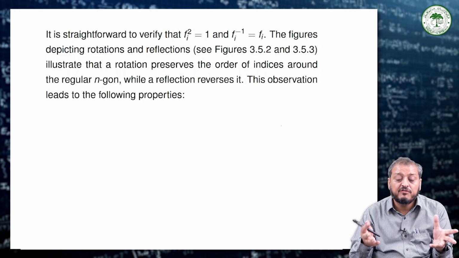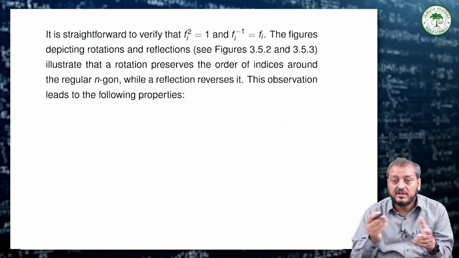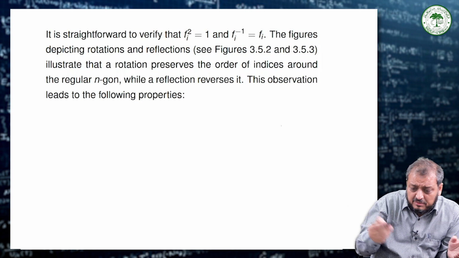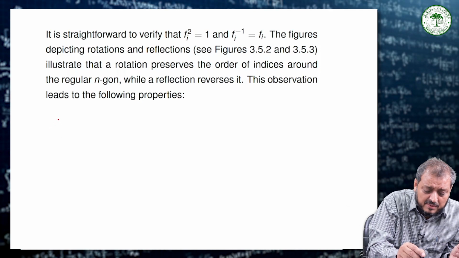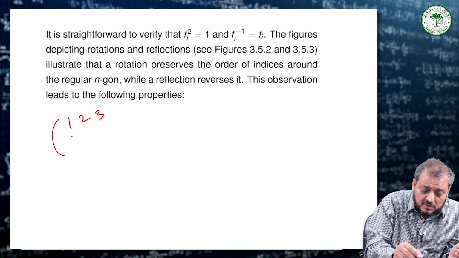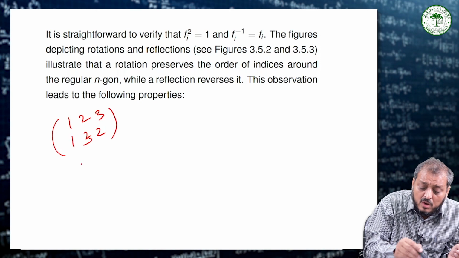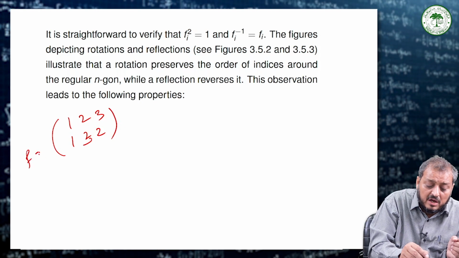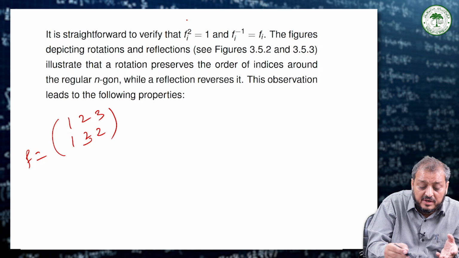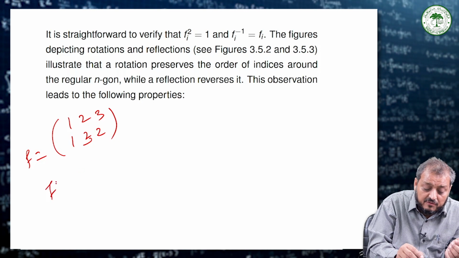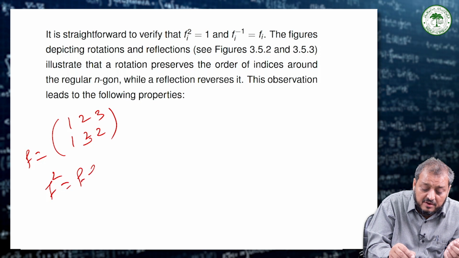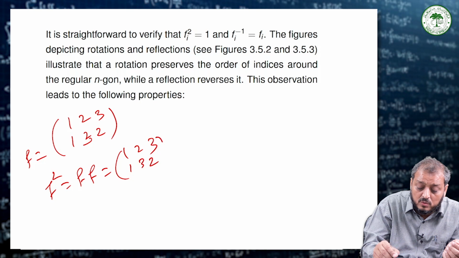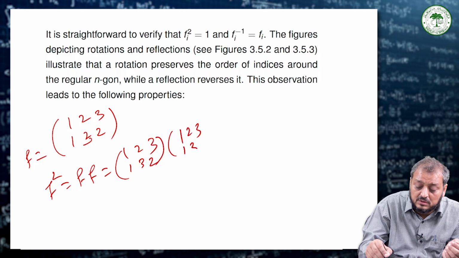So it is straightforward to verify that fj square is equal to 1. For example, take 3 elements, 1, 2, 3, and the reflection of this. Now I say that fi square is equal to identity. So f square is f composition f, which is 1, 2, 3 to 1, 3, 2, and then again 1, 3, 2.